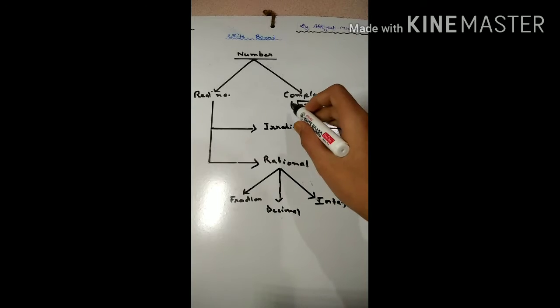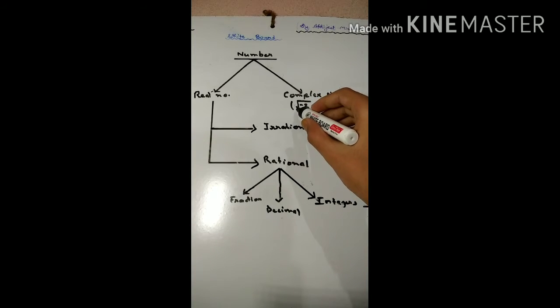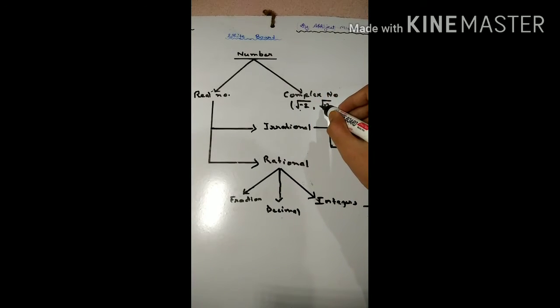We cannot find the value of root under -2, it's a complex number. We cannot find the exact value of root under -7. The exact value of Avogadro number is also not present. So these are the complex numbers.